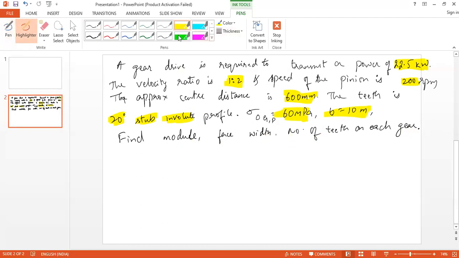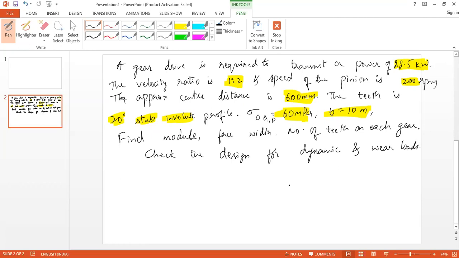After finding all these things, check the design for dynamic and wear loads. Okay, this is the question.